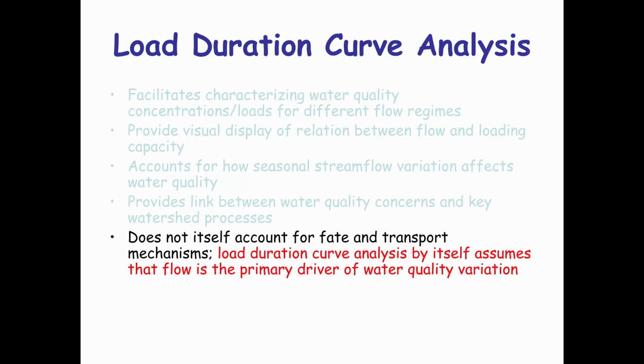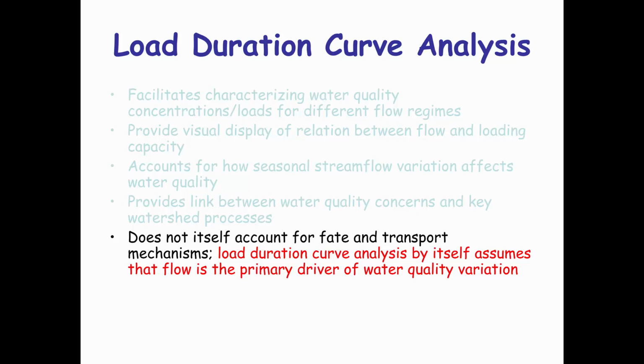The analysis does not by itself account for fate and transport mechanisms in a watershed, because one is not looking at the details of what's going on inside of the watershed. When you are doing a load duration curve analysis, you're only taking data at the outlet of the watershed, the data being the flow and pollutant concentration.